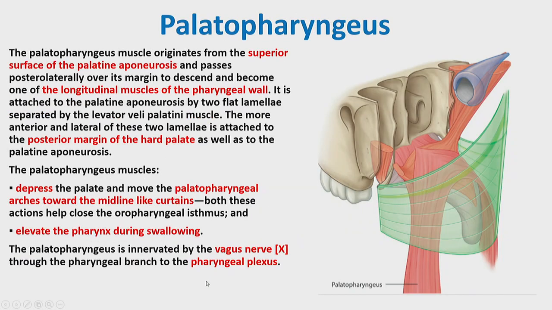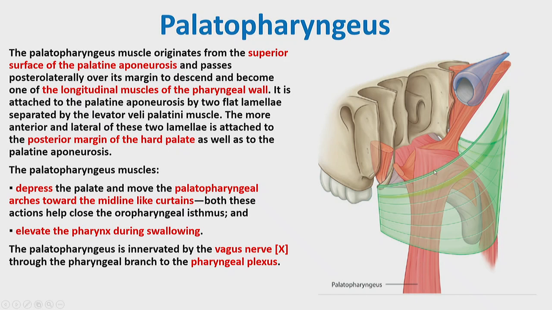The palatopharyngeus, or the palatopharyngeal muscle, is considered a muscle of the soft palate, and we also consider it a muscle of the pharynx, which we are going to discuss. This muscle comes from the superior surface of the palatine aponeurosis.